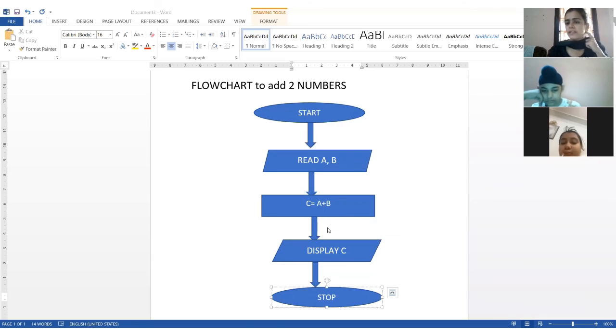Now, when we have received the answer of the addition, we will display the answer, that is, display C. In the output box, the word display or print is required. Then the stop box, because your flowchart has been stopped. Is it clear, everyone?